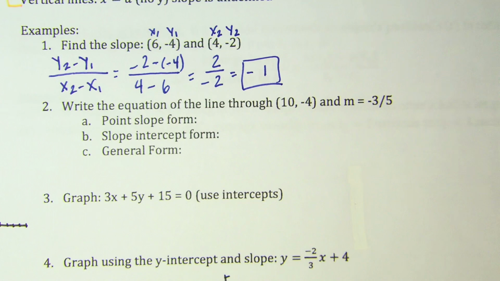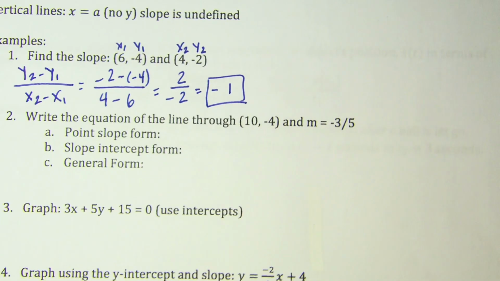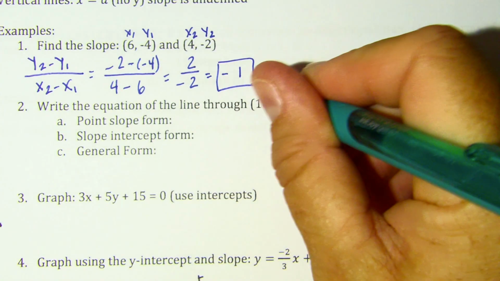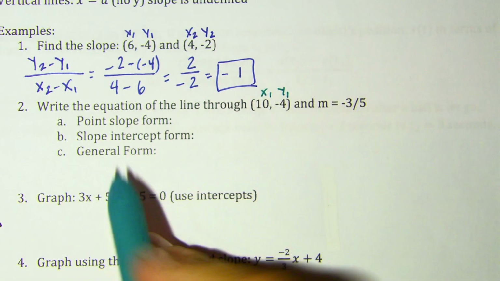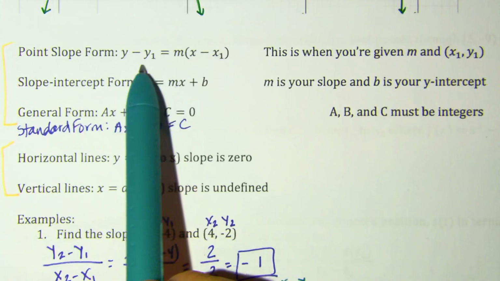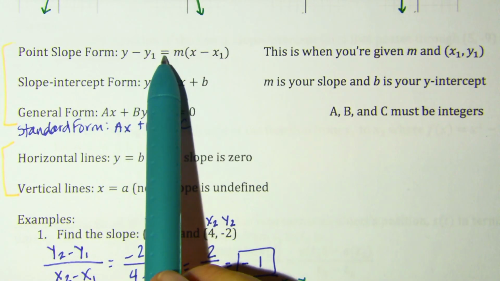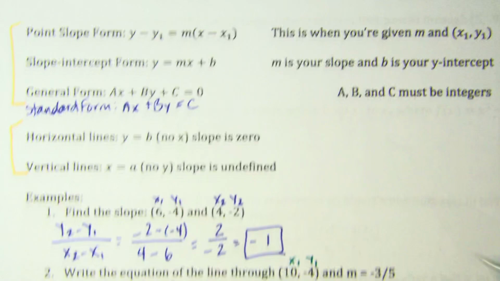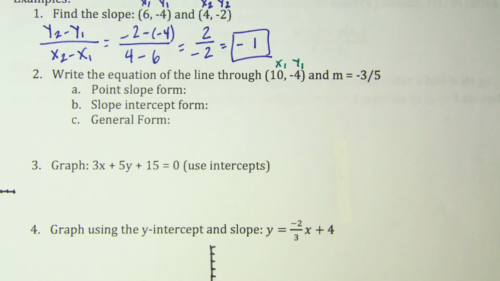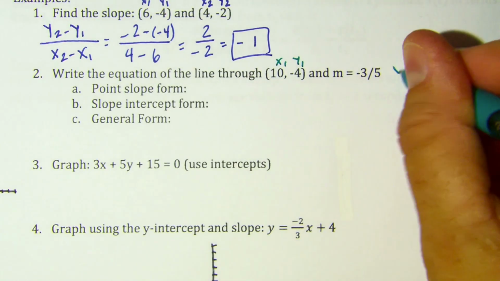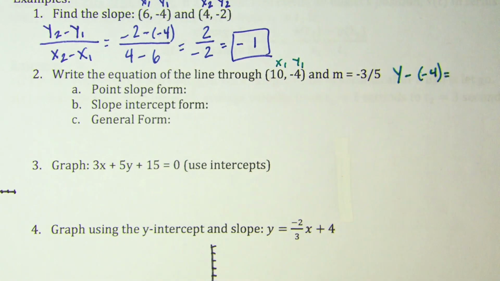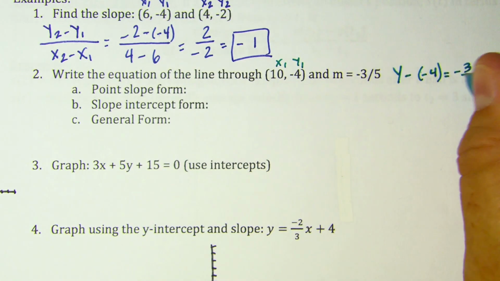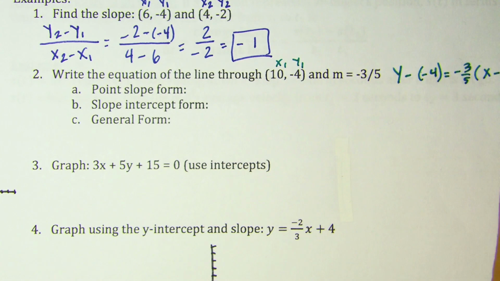So I'm going to zoom out just a tad here, and we have our x1 and our y1, and then this is our slope. Remember, point-slope form above here is y minus y1 equals m times x minus x1. So y minus y1, and then our slope times x minus x1.